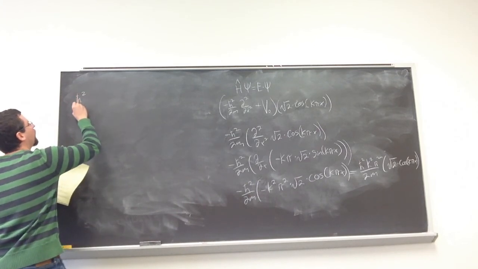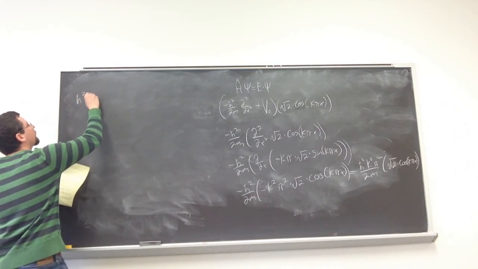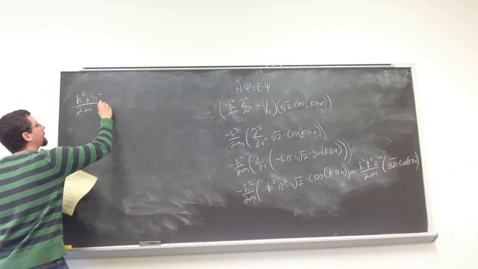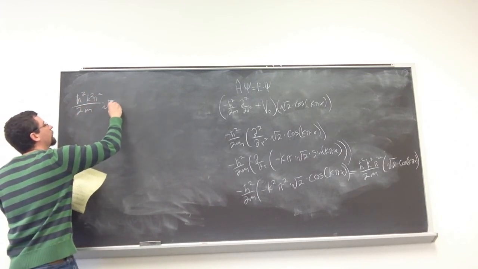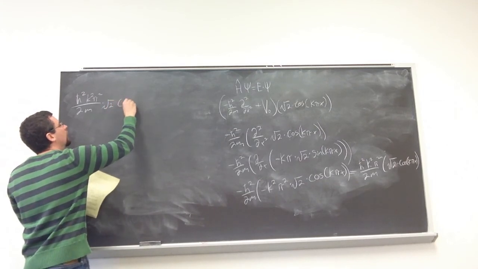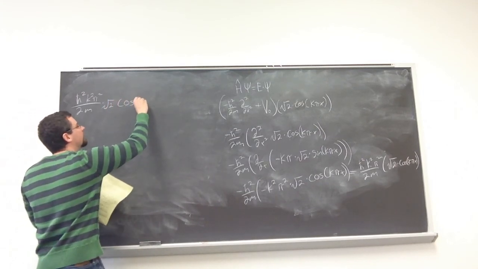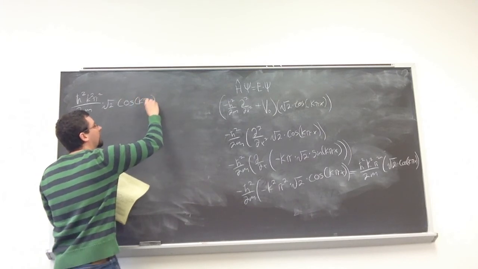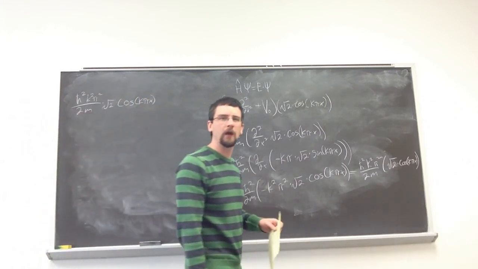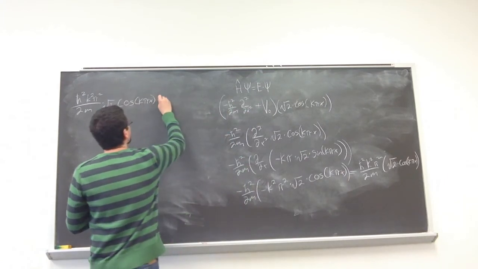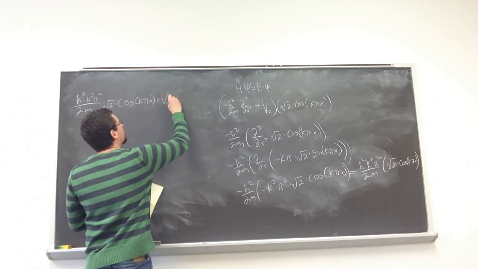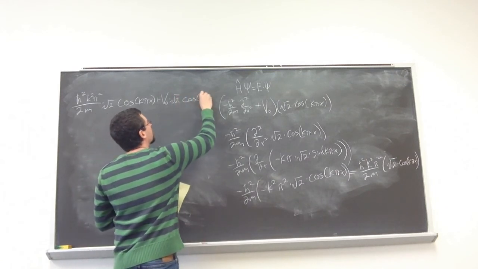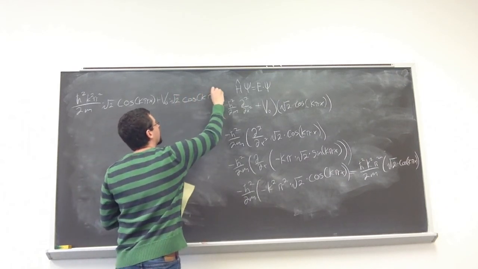We would get h bar squared k squared pi squared over 2m times square root of 2 cosine k pi x, plus V naught times square root of 2 cosine k pi x.